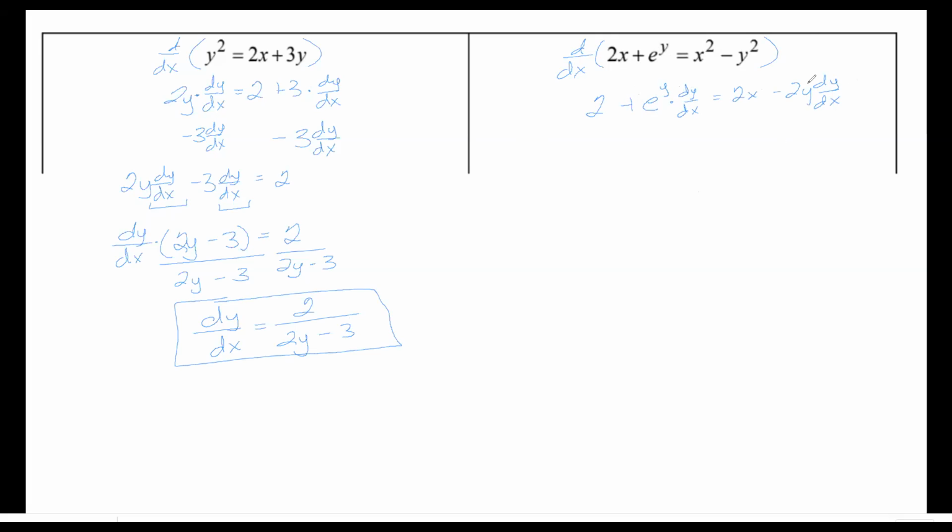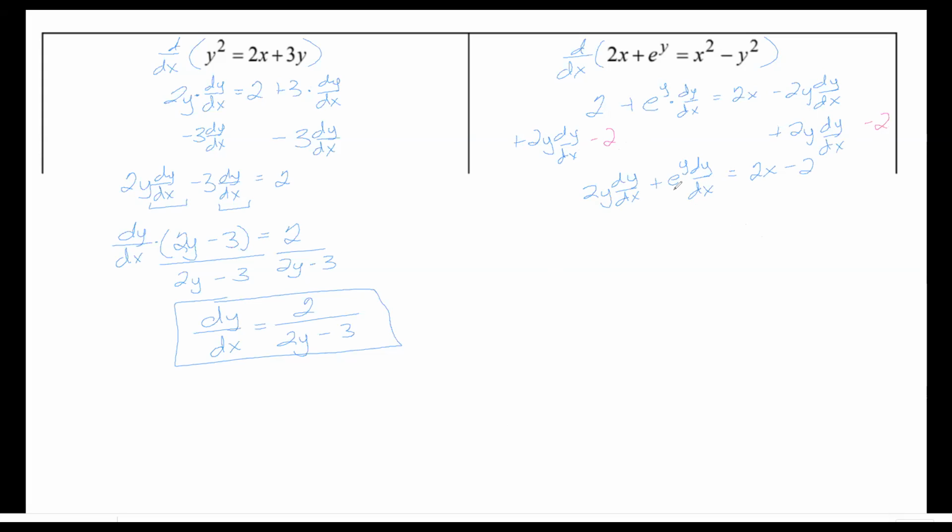I'm going to get all my dy/dx terms to one side and all my terms that don't have dy/dx to the other side. So I need to add this 2y dy/dx over to this side. And I need to subtract this 2 over to the other side. So what I end up with is 2y dy/dx plus e to the y dy/dx equal to 2x subtract 2.